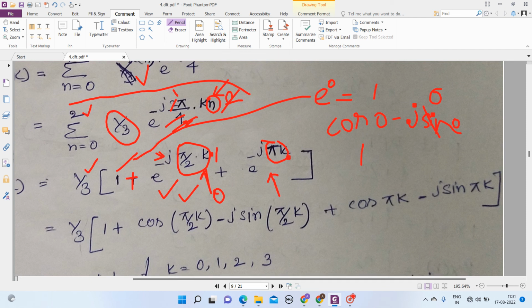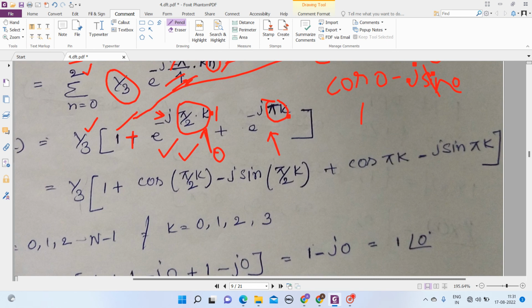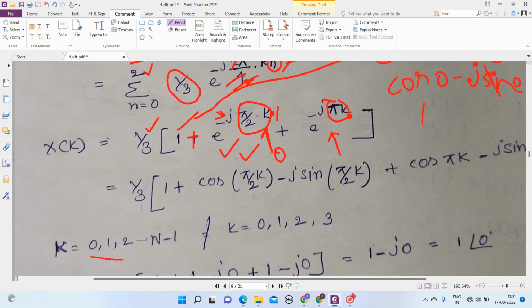After substituting that, now we are going to find out the DFT value of x of n by substituting the value of k. As I said before, the k value varies from 0 to N minus 1. Here the capital N value is 4, so 4 minus 1 is 3. So the k values are 0, 1, 2, 3.